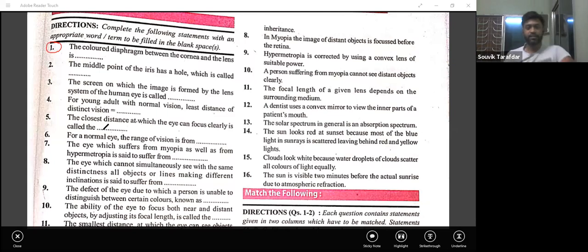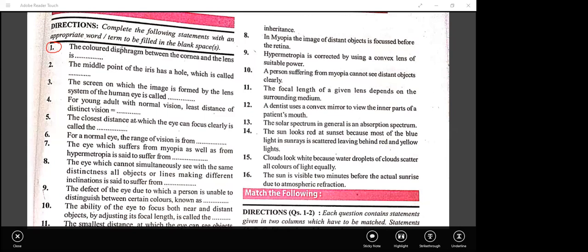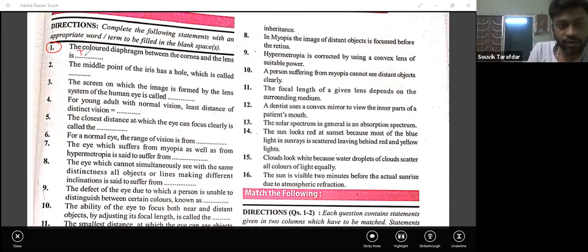The colored diaphragm between the cornea and the lens is what? It is called iris. I told you, no? Whatever I told you today will also be recorded, and it will be made into a YouTube video and given to you.